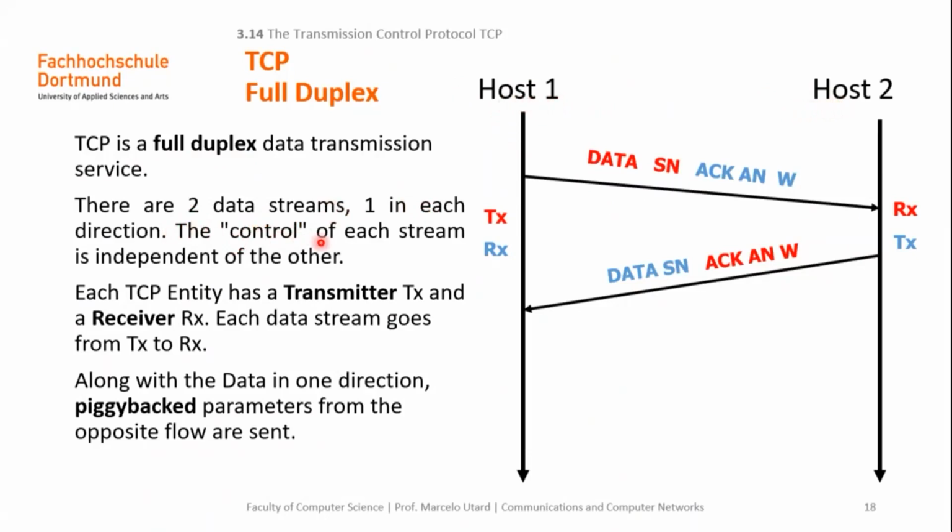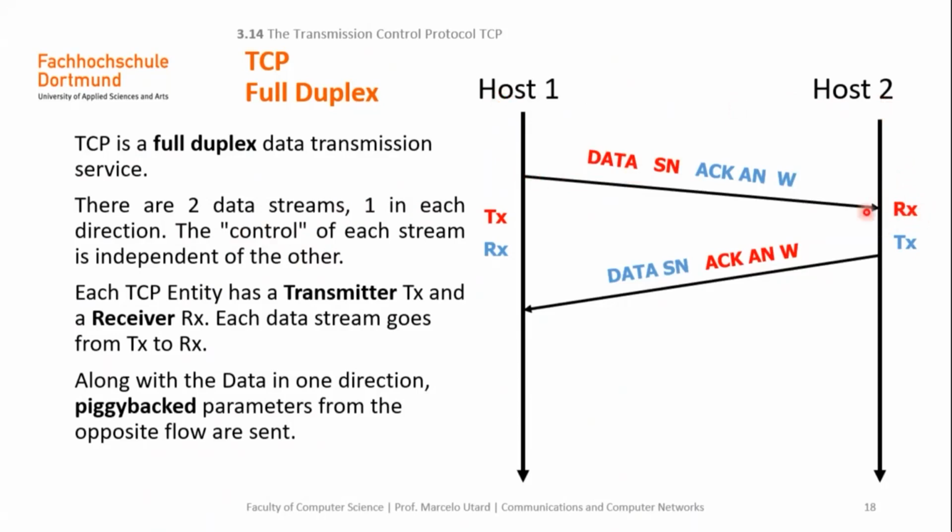The control of each stream is independent of the other. Remember this. For instance, we could have the data stopped by the flow control from host 1 to host 2 because the receiver buffer in host 2 is full.